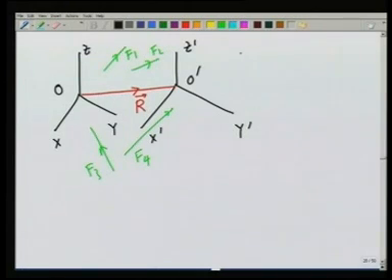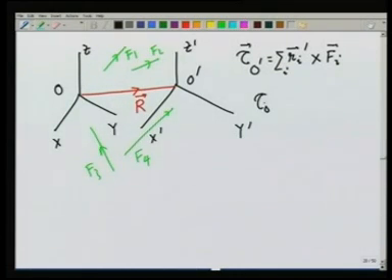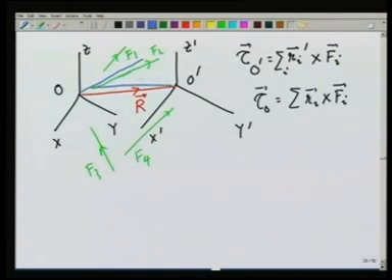Then the torque about O prime is going to be equal to summation of R i prime cross F i, summed over i, and the torque about O is going to be summation R i cross F i, where R i and R i prime I take to be the vectors. Let me draw them in blue, touching at the same point. So, let us say if I extend this force like this, this could be R 1, this could be R 2, and up to this point this is R 1.